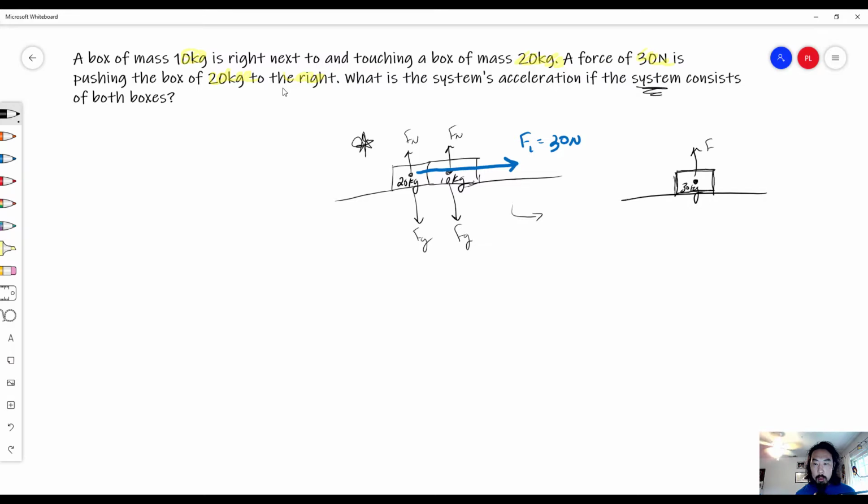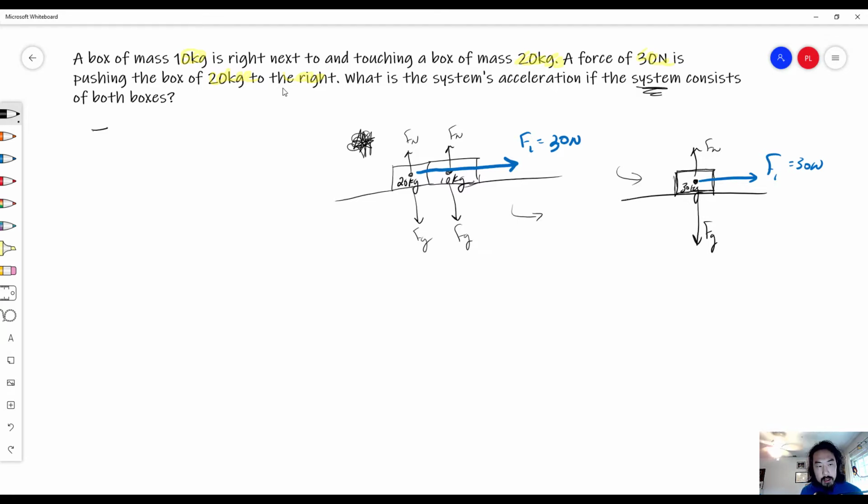We have our normal force, our force of gravity, and a force of 30 newtons to the right. That's the power of looking at multiple objects as a system. There's less drawing, it gets less cluttered, but I want you to work off of multiple objects first before you get too comfy with this idea of a single object representing multiple objects.